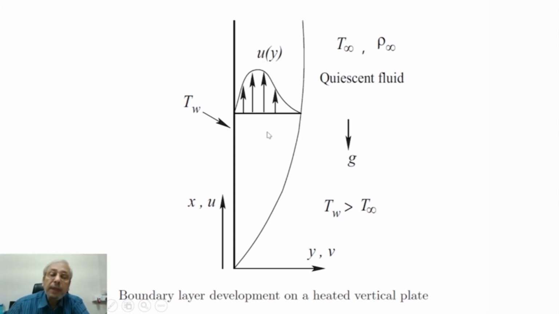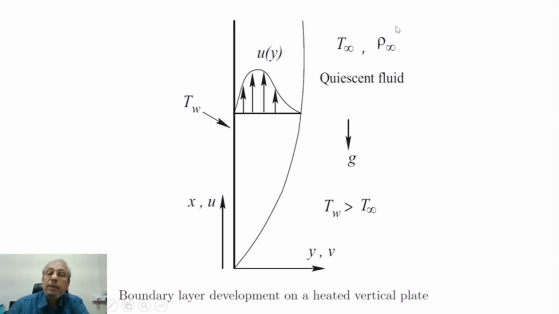Subsequently, we derived the energy integral equation and the momentum integral equation for natural convective flow over a flat vertical surface which is at a higher temperature than the ambient fluid temperature.